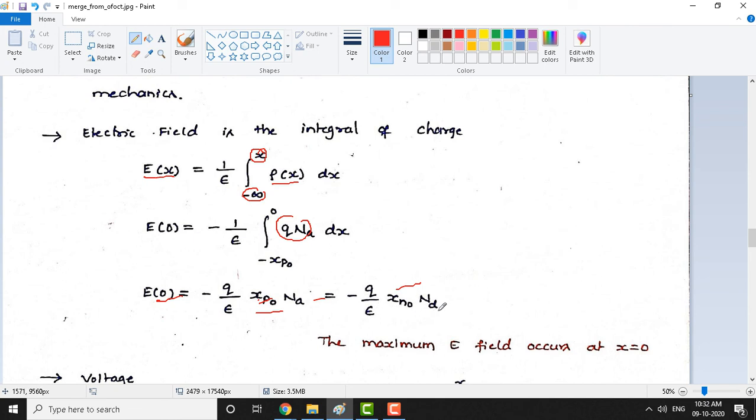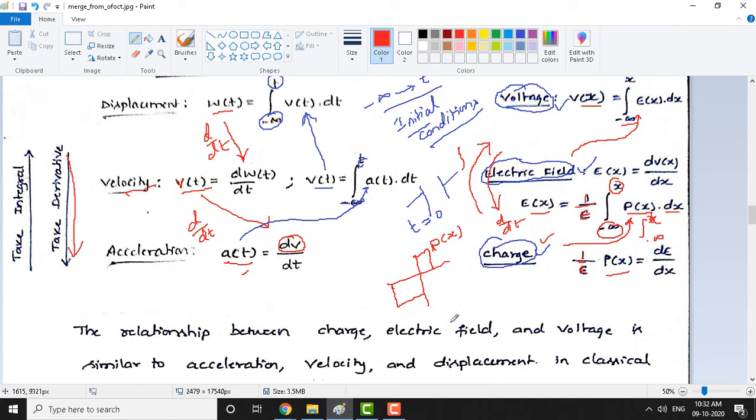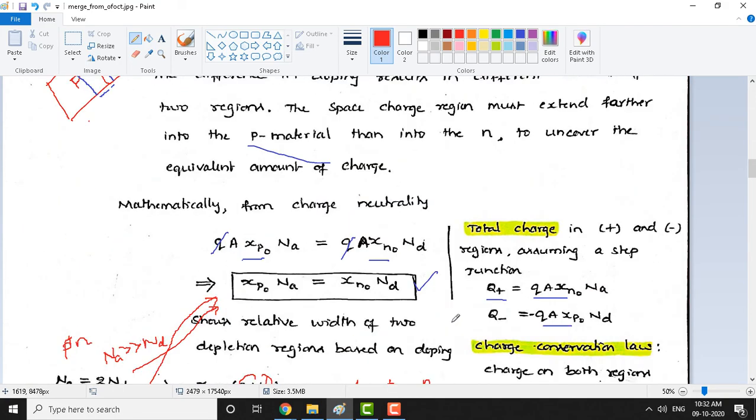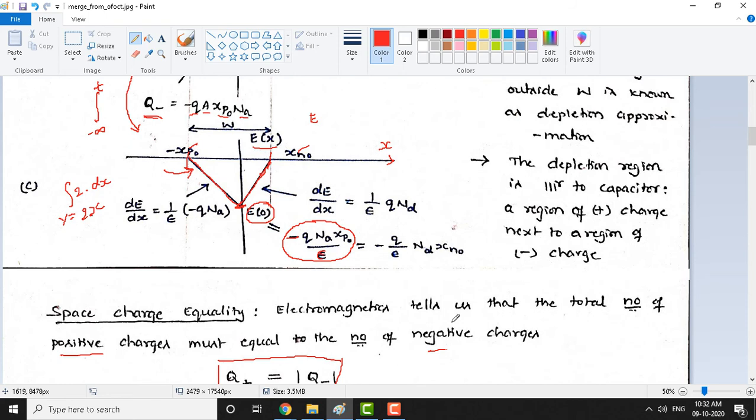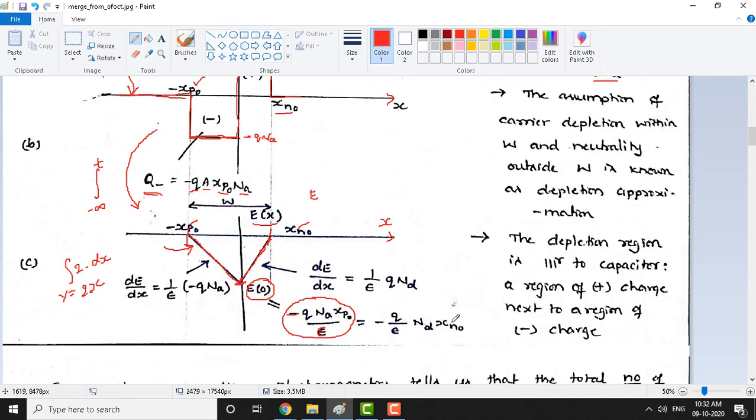Now let us see how you can apply this here, how we get this graph. When I say we have to integrate from minus infinity to, suppose this is going to be a point, and if I integrate from minus infinity to xp naught, what is the answer you get for this charge density?